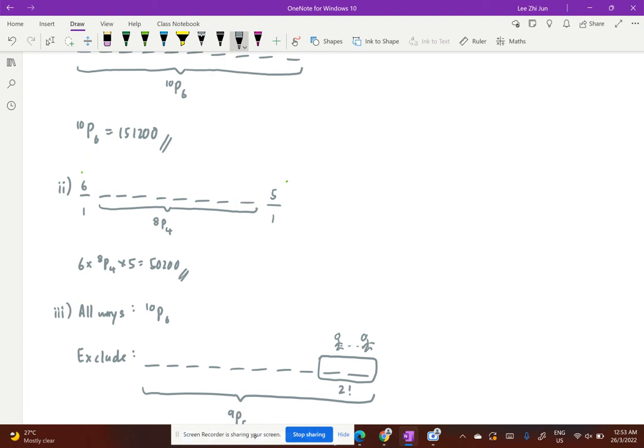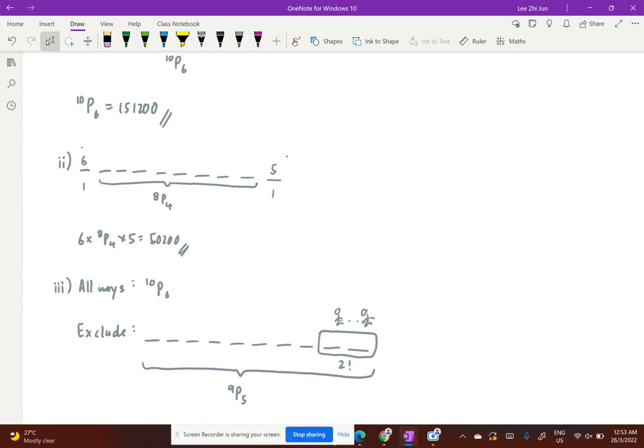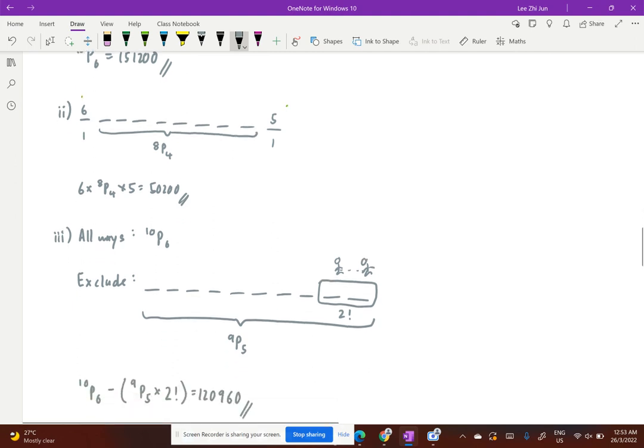So the two will be 2 factorial, and I consider this box as one place. So there are 9 places, and for the other students to pick, which is 9P5.